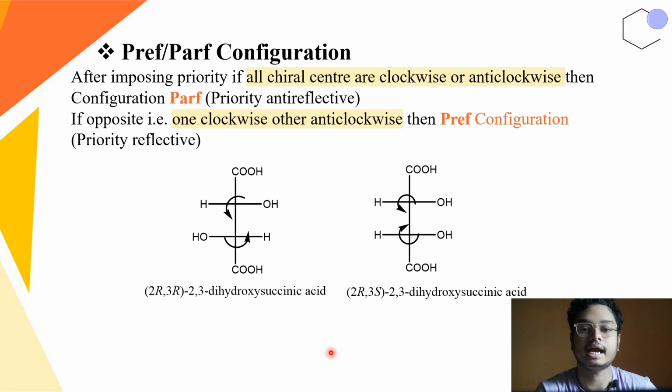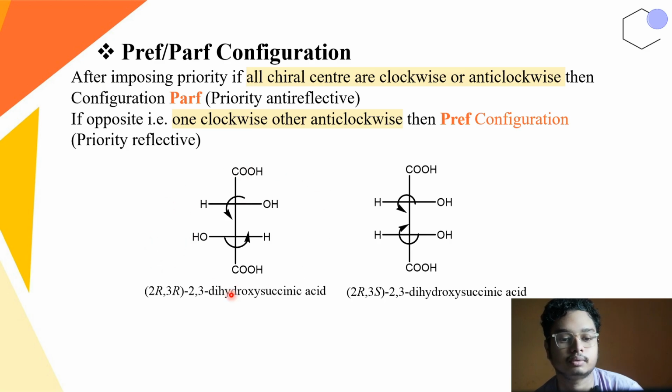Okay, and now there is another thing, the Pref-Parf configuration. Actually this does not come in the competitive exam, but for knowledge purposes you can understand. After assigning priority to the groups, if all the chiral centers are clockwise or all anti-clockwise, then it is called Parf. Like here in this particular group, see, 1, 2 and 3 priority groups are there, so the rotation is anti-clockwise. Similarly this also rotates anti-clockwise, so both chiral centers have anti-clockwise rotation.